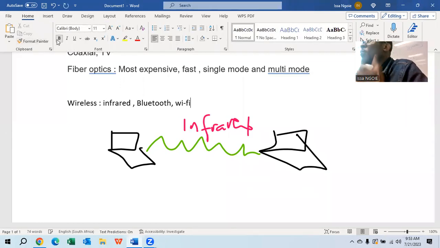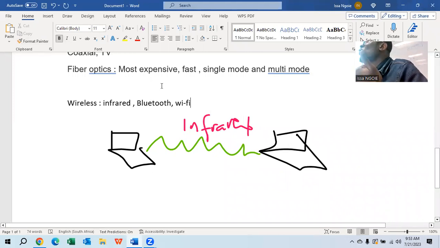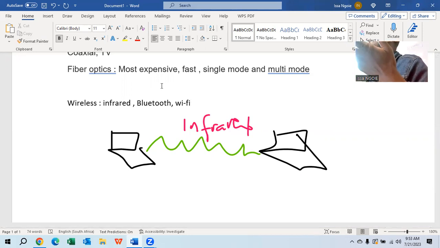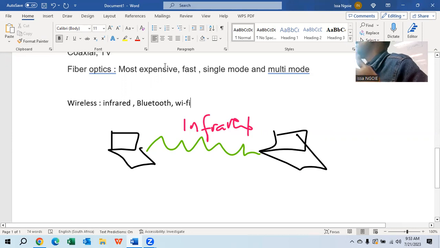Among the building blocks, we spoke about the cables and the wireless, and you have to know that the wireless is not protected. The security is less. Why? Because you are using waves. Anybody can capture the signal, and a bad person can be in the middle and access it.